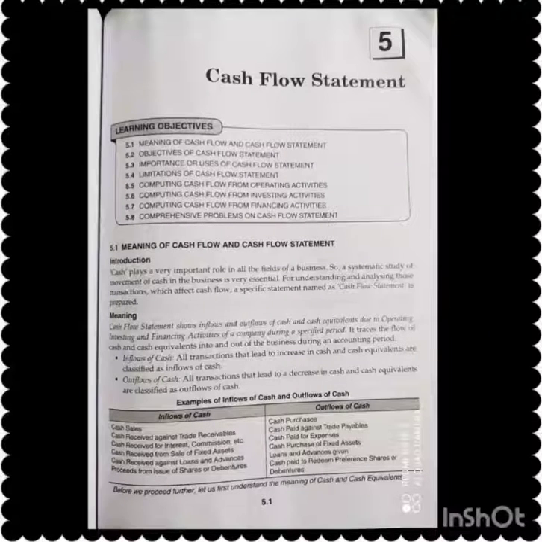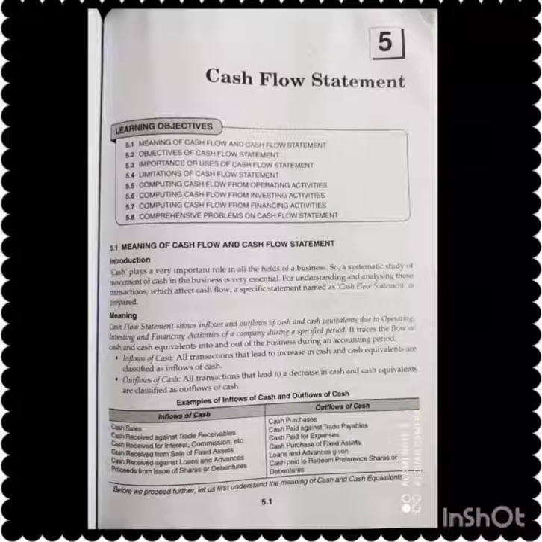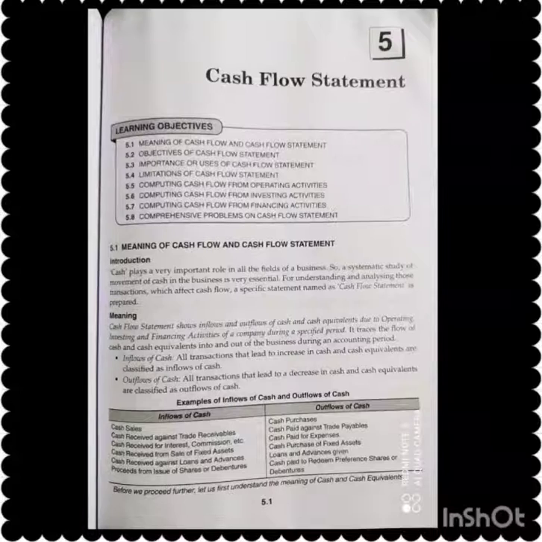Now the next thing is how we can conclude the investing activities. What are investing activities? As the name appears, investing activities are those activities which are directly related to the purchases of assets and sales of assets. How much money a firm is spending over purchases of fixed assets and how much money a firm is earning by the sales of fixed assets.